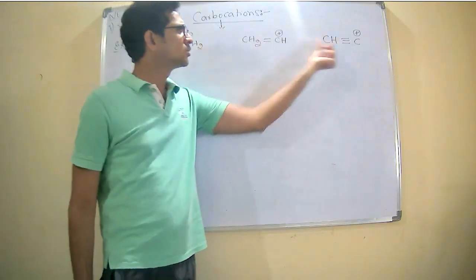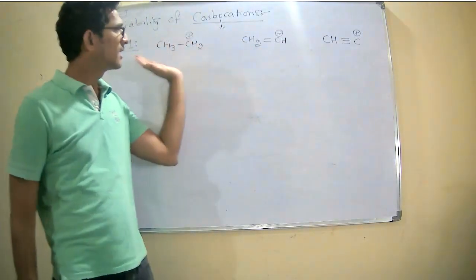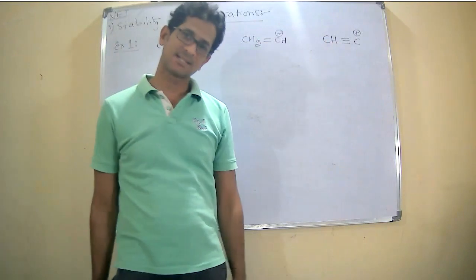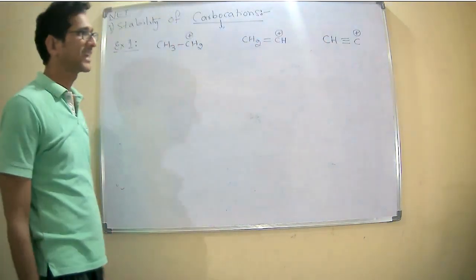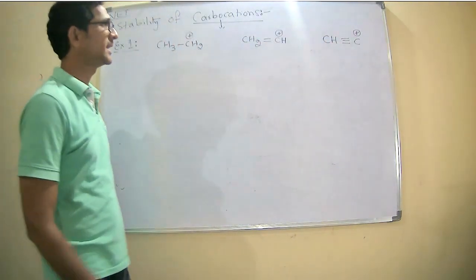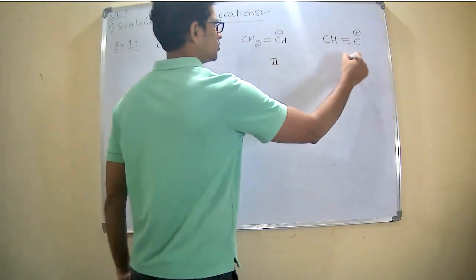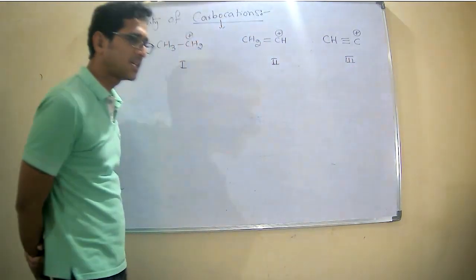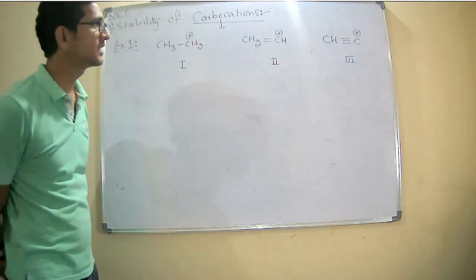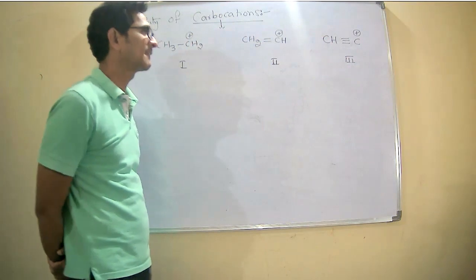Compound 1, compound 2, compound 3. See here, all are carbocations. Now tell me, among compound 1, 2, and 3, which is the more stable carbocation?